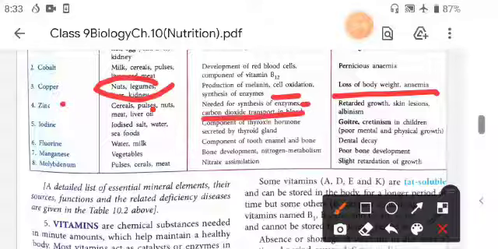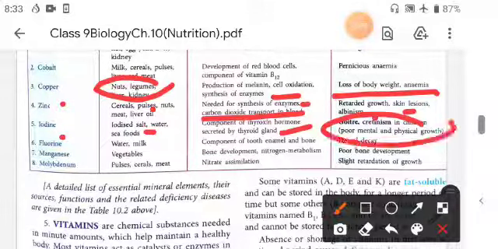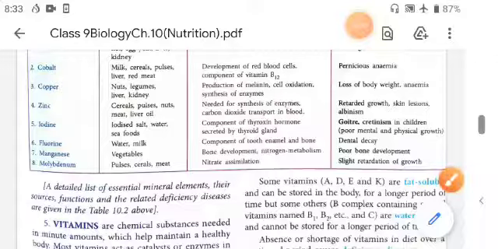Due to the deficiency, retarded growth, skin lesions and albinism will be there. Then iodine is found in salt, water and seafoods. It is a component of thyroxine hormone secreted by the thyroid gland. Due to the deficiency of iodine, goiter disease will be there.